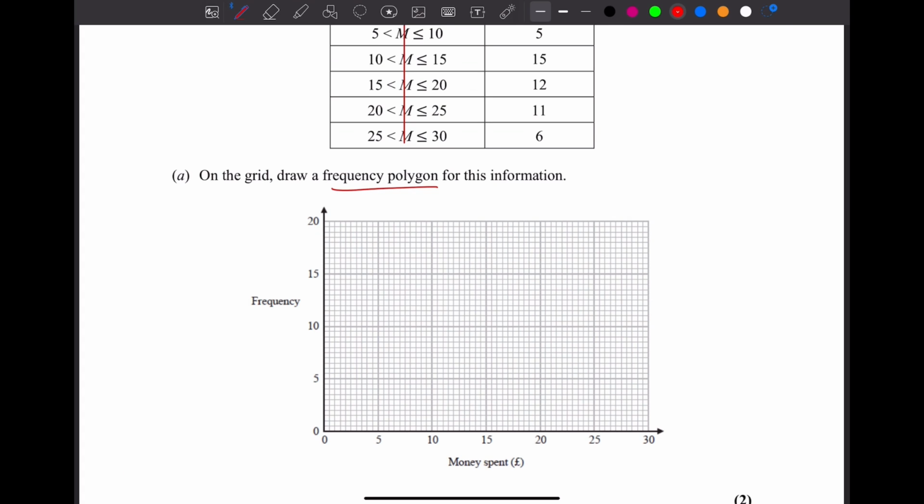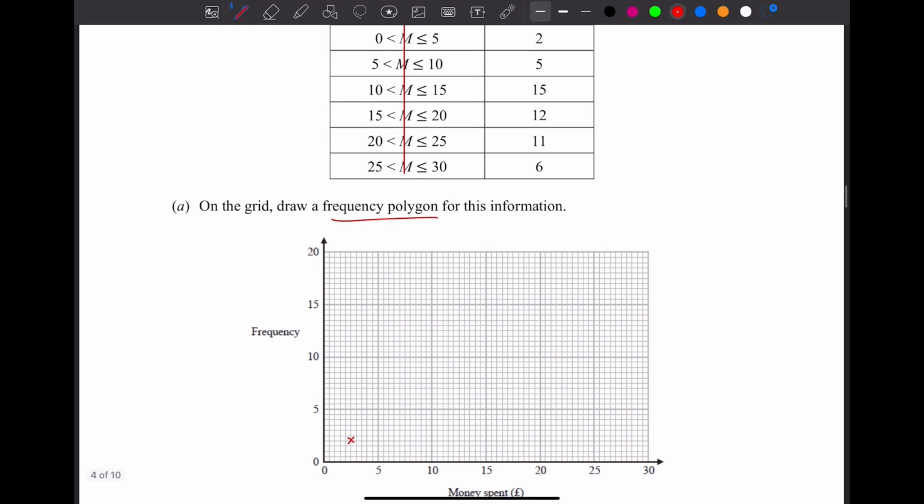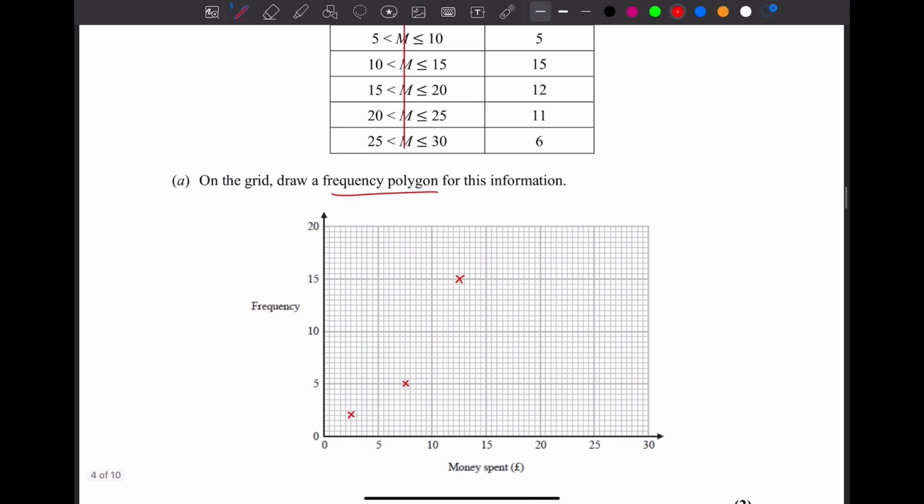That's 1, that's 2, because each 2 boxes on the top goes in ones anyways. 7.5 and 5, roughly here. 12.5 and 15, roughly here. 17.5 and 12. 22.5 and 11. 27.5 and 6. Ta-da. Straight line to here.